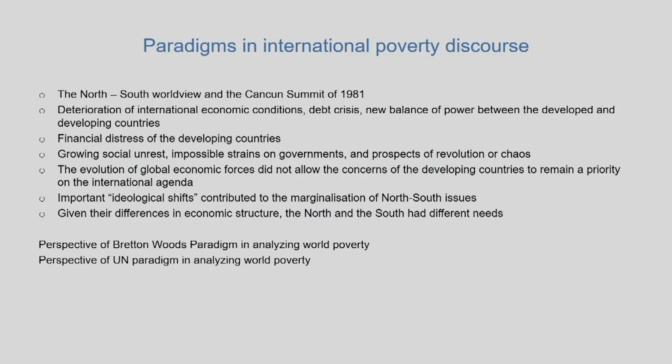And the UN paradigm does not look at poverty as something which is afflicting only the developing countries of the world, but also the developed countries. There are pockets of poverty within the developed countries as well, and that is also the focus of the UN paradigm.